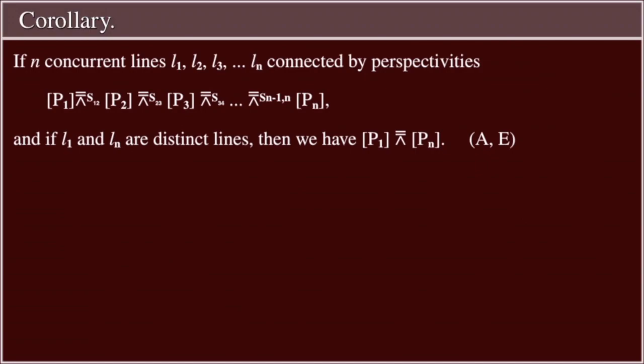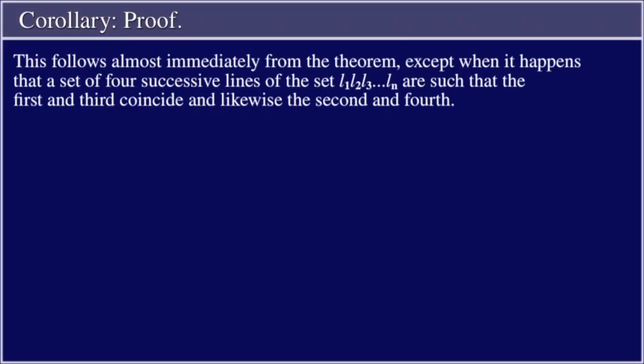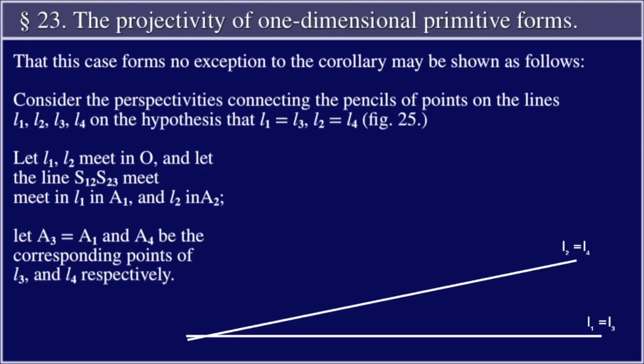Assumptions A and E. Proof: this follows almost immediately from the theorem, except when it happens that a set of 4 successive lines of the set L1, L2, L3, ..., Ln are such that the first and third coincide, and likewise the second and fourth. That this case forms no exception to the corollary may be shown as follows.